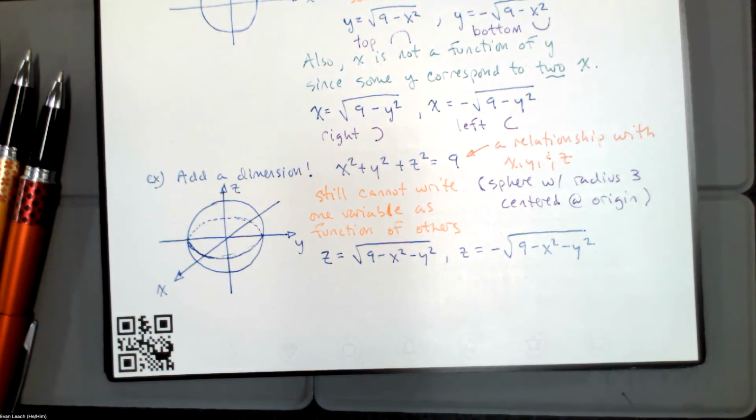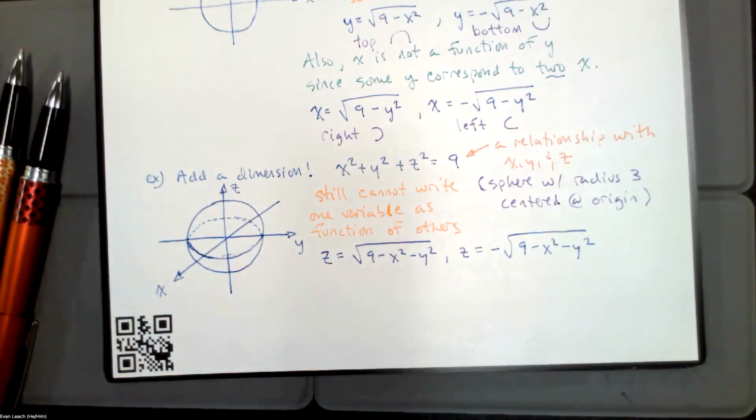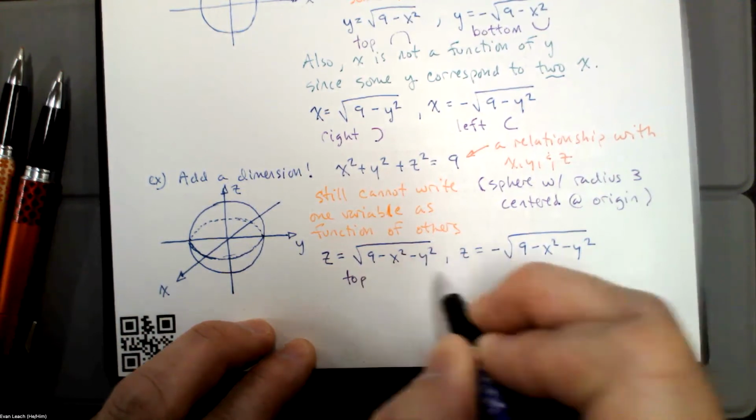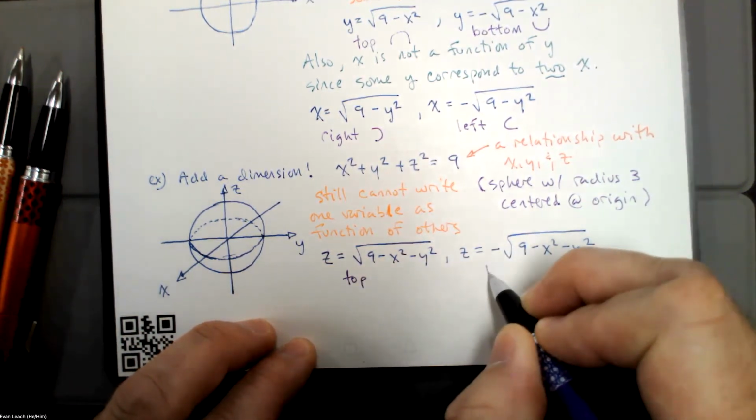We can produce these two functions describing two halves of our sphere. The positive square root is going to be the top with the orientation that I've described here. So the positive one will be the top, and the negative one will be the bottom.